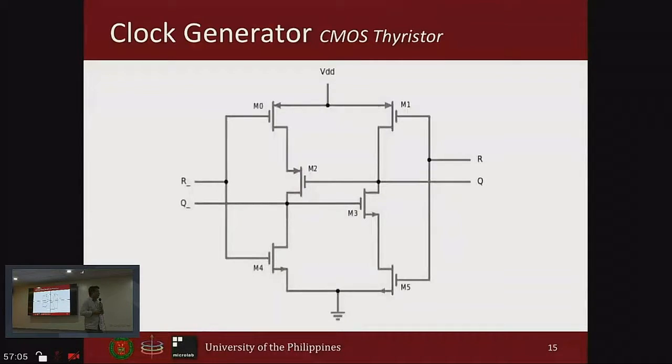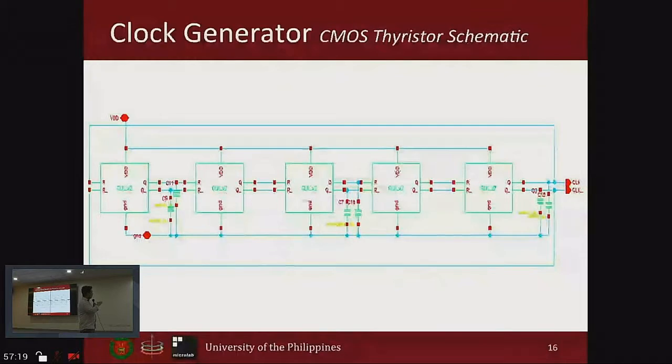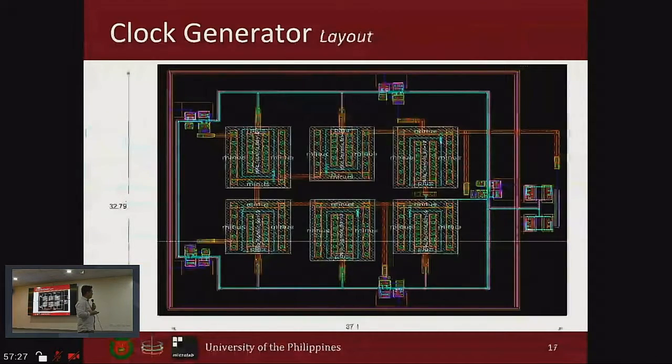And because of the lower number of transistors and blocks, the power consumption was minimized. So this is a clock generator using the CMOS thyristors as shown, where you have at least 5 stages implemented as a ring oscillator. And this is the layout for this particular block.